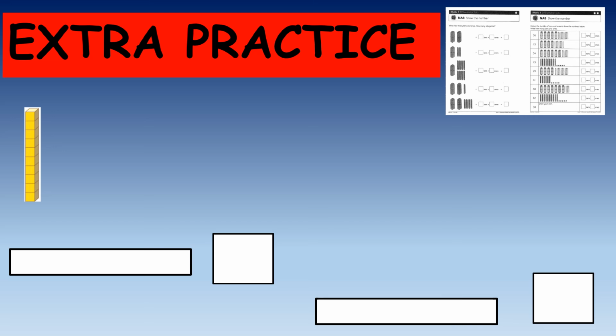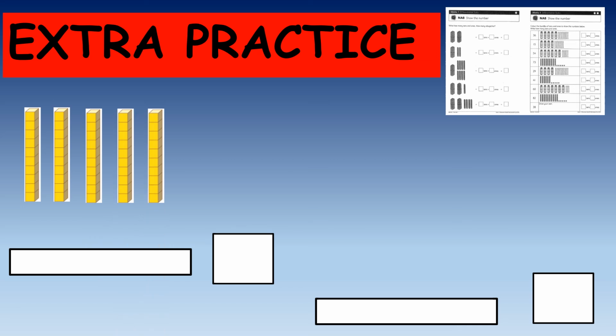They are 10 little MAB blocks all joined together. So I've got 1 there already. Now I've got 2, 3, 4, 5, 6 of them. I wonder if you know how much I've got if I've got 6 lots of 10.